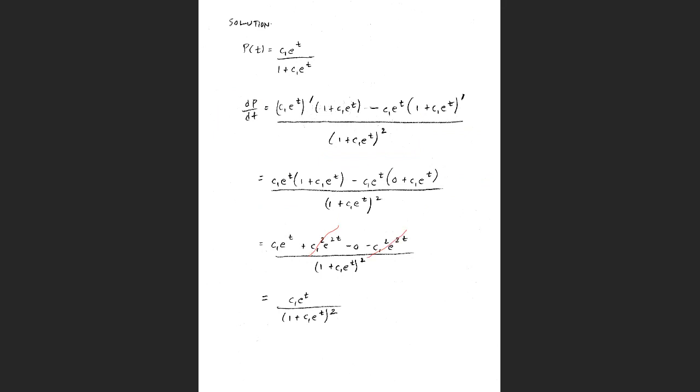And so that gets us C1 e to the t over the quantity 1 plus C1 e to the t squared. So dP/dt equals this. But the big question is, does this equal P times 1 minus P? All right, that's the big question.